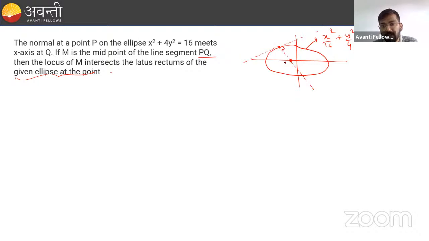This meets here at Q. If M is the midpoint of the line segment PQ, so this is P, this is Q, and this is M. Then the locus of the point M intersects the latus rectum at what point? So we have to first find the locus of this point, and then wherever this will intersect the latus rectum, we have to find that intersection point. So how will we approach this question?